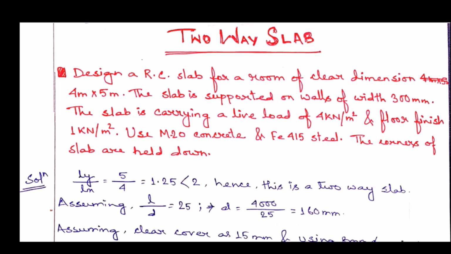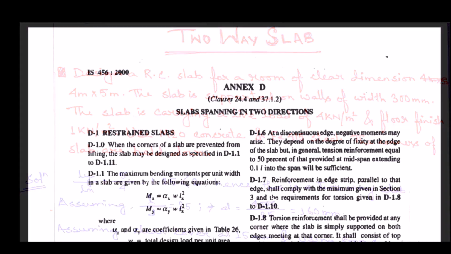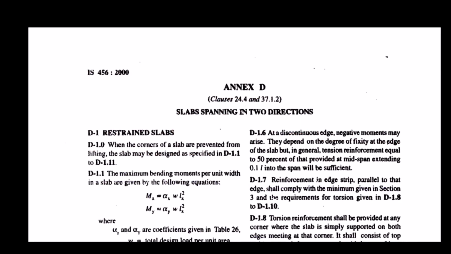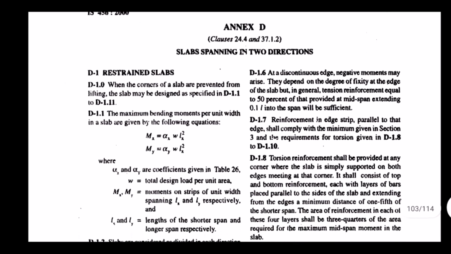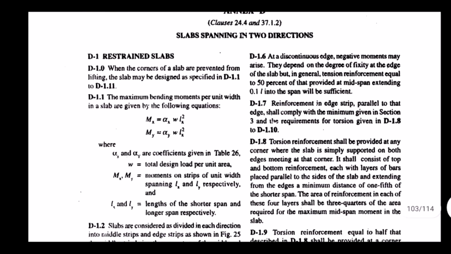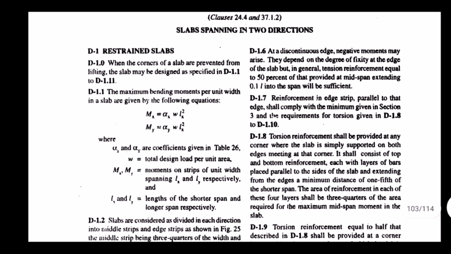So let's have a look at Annex D of IS 456-2000. This is Annex D of IS 456-2000. Slab spanning in 2 directions. So these are the considerations. We will read it out when we solve the problem.